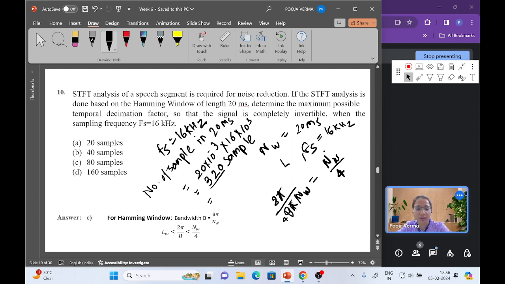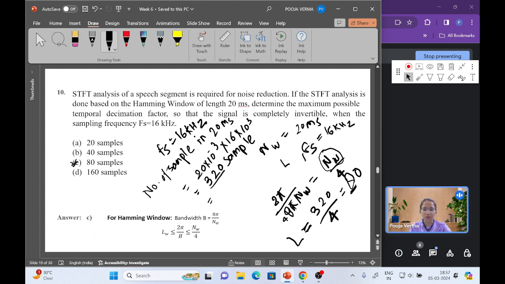In one window there are 320 samples, so 320 divided by 4 will give 80 samples. For a completely invertible signal, the decimation factor will be at most 80 samples. So the correct answer is C.